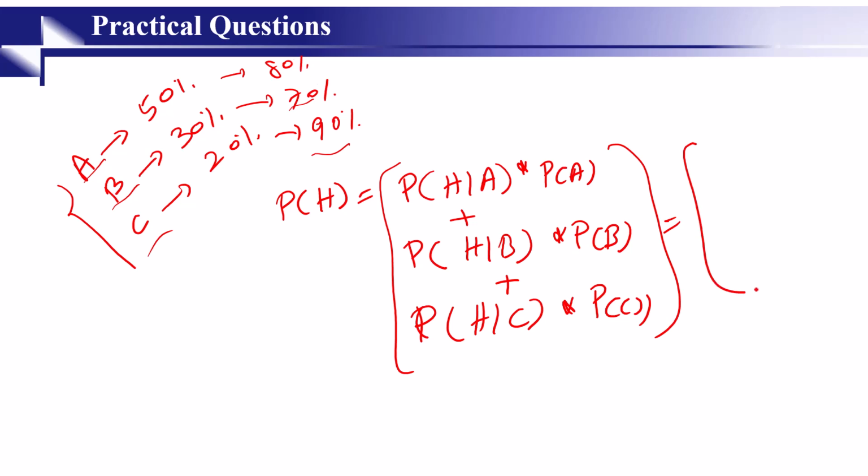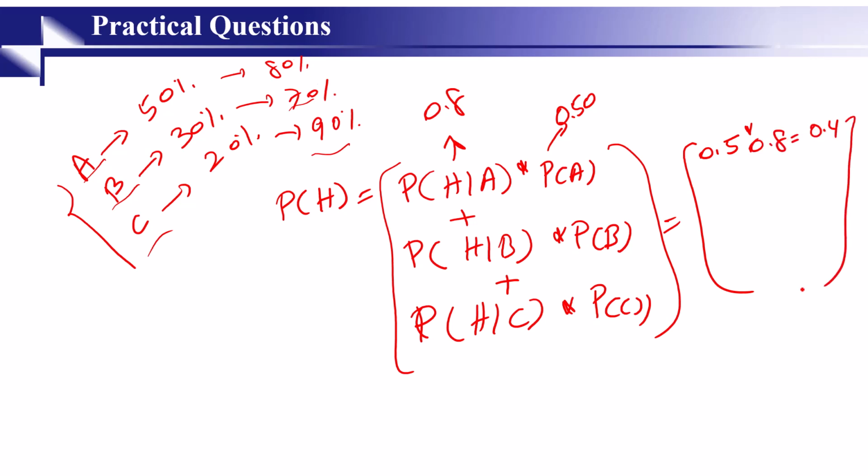So for the probability of H given A and probability of A, probability of A is 50%, 0.5. Probability of H given A is 0.8. So I can say 0.5 multiply 0.8, which is equal to 0.4.